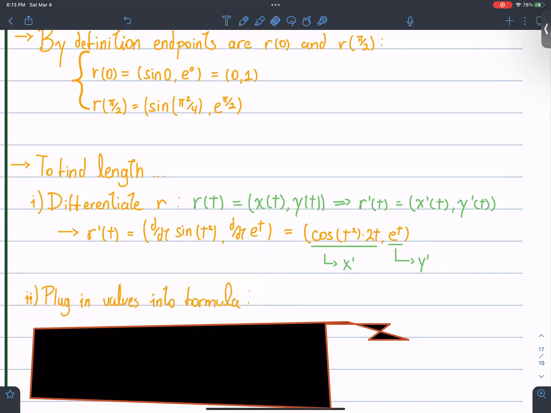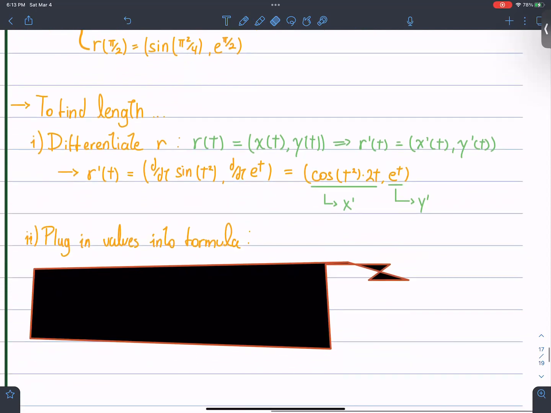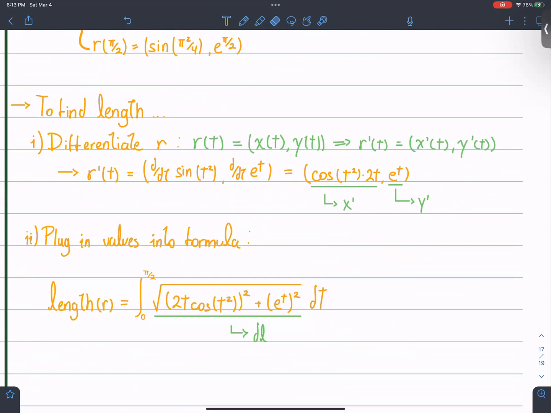Now, we will plug them into the formula because we now have the x prime and the y prime we were looking for, and now we have that the length of the curve is the integral from 0 to pi halves. Remember, these bounds are the bounds of the parameter. The integrand is the square root of x prime squared, here you have the square, and y prime squared.